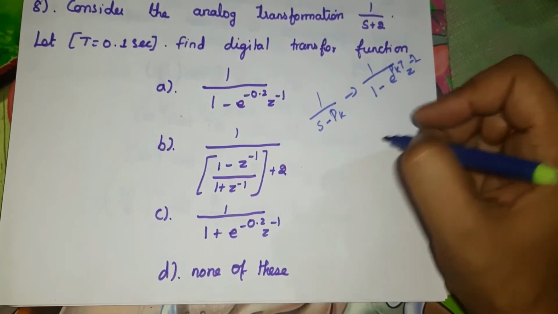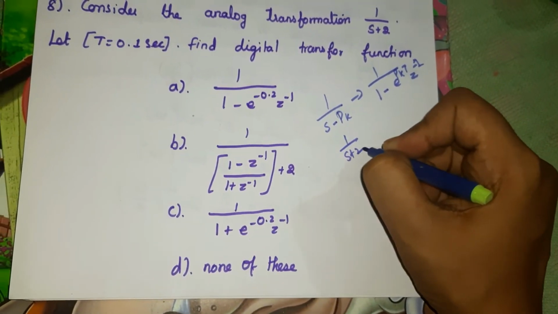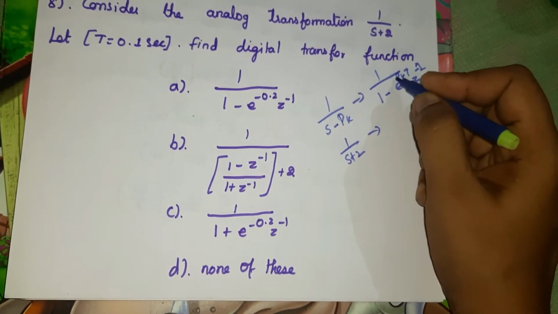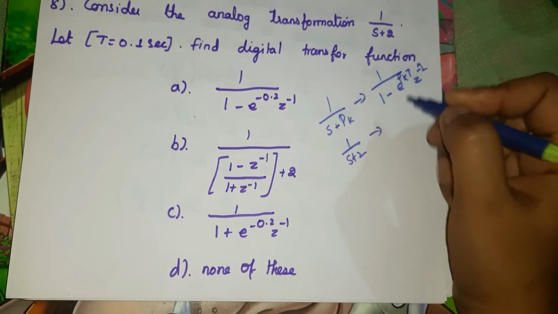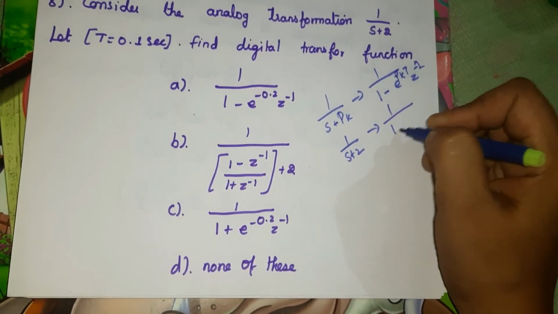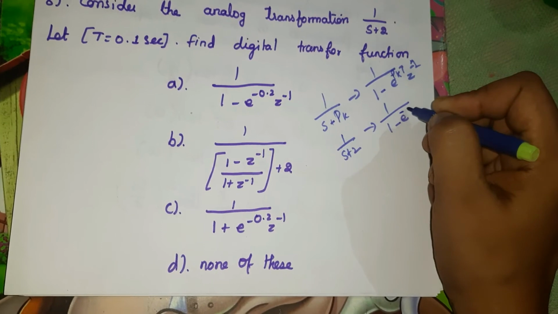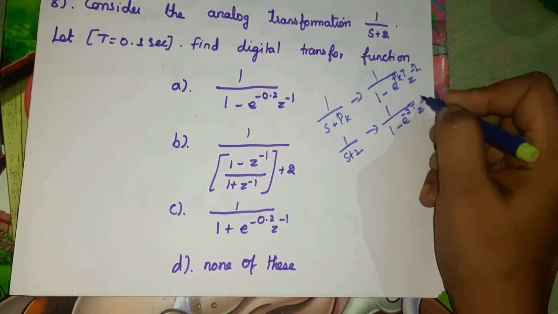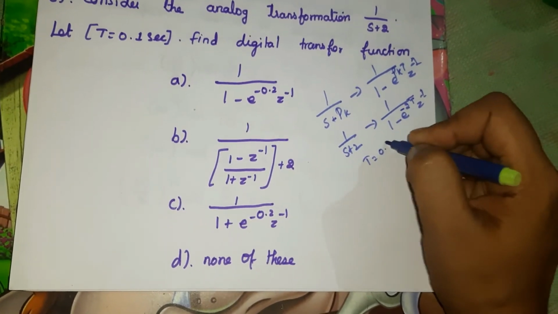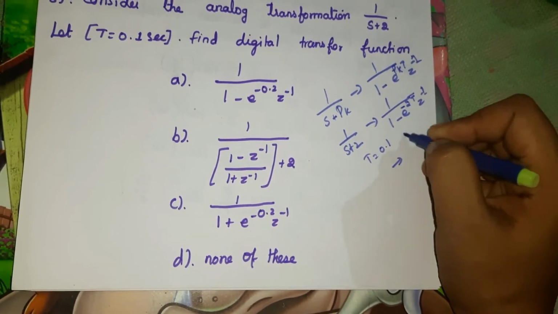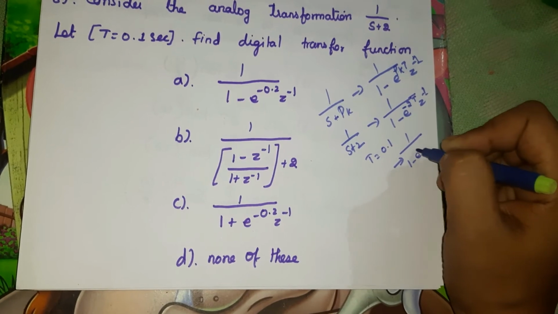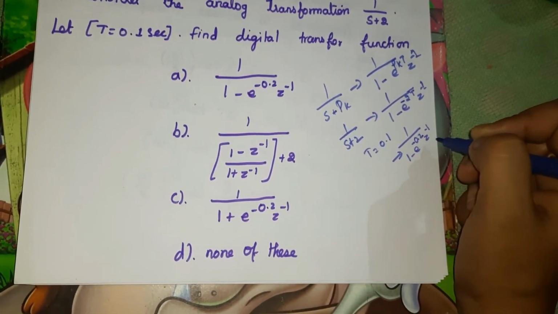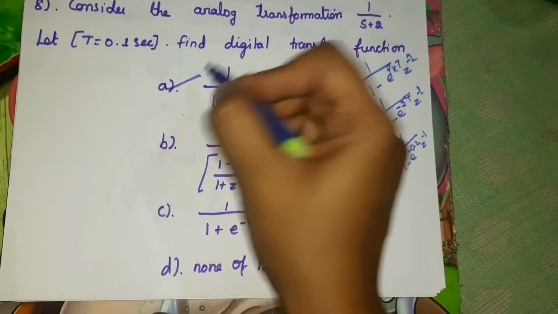This is the formula, and here we have s plus 2, so the pk value is minus 2. So we get 1 minus e power minus 2 into T z power minus 1, and T value is 0.1. So this becomes 1 divided by (1 minus e power minus 0.2 z power minus 1). So here the answer is A.